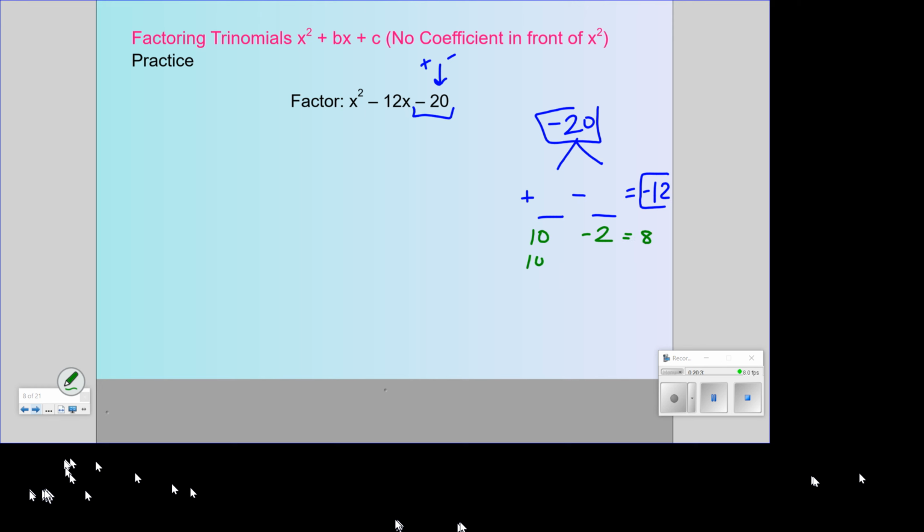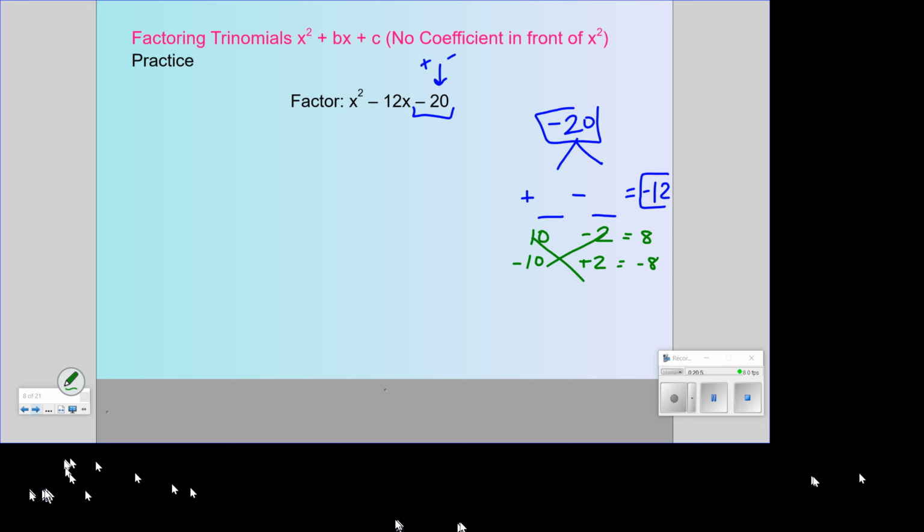If the 10's negative and the 2's positive, that adds up to be negative 8. So maybe it's not 10 and 2. You could try 4 and 5, but the 4 being negative and 5 being positive is just positive 1, and vice versa is negative 1. So that's not helping us either.